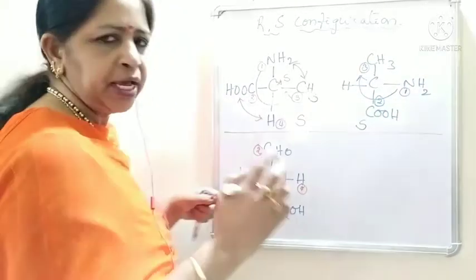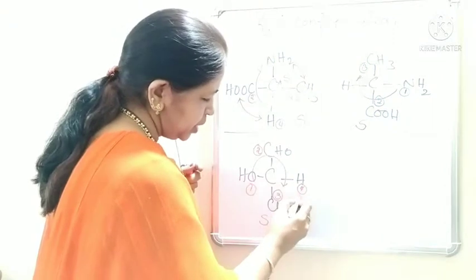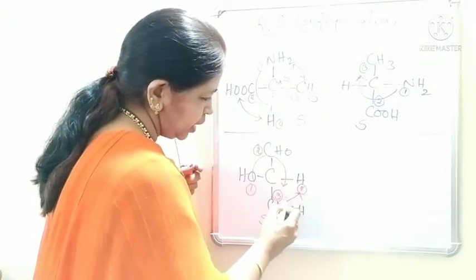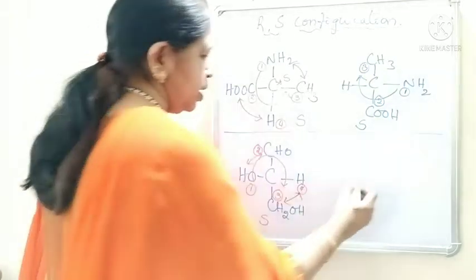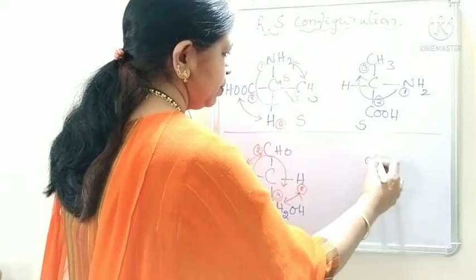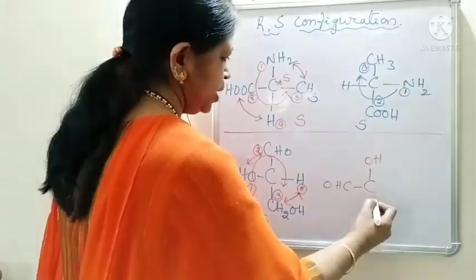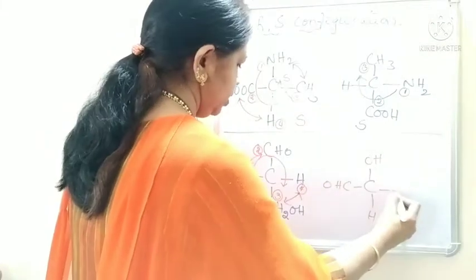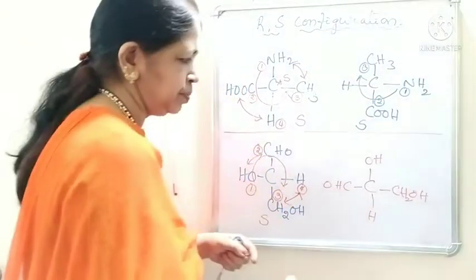Now, let us do 2 exchanges. Let us exchange these two now in this direction. A carbon, OH is coming up and CHO to the left side and hydrogen down and CH2OH to the right side of the chiral carbon.